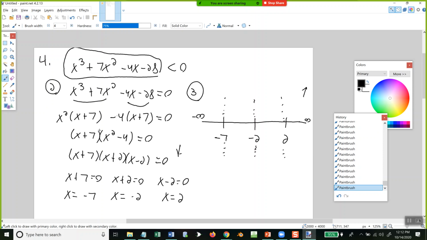And if I solve it and come up with this, each one of these gives me a single 0, which means it crosses. So I know my graph without even picking up the calculator is going to look like that, more or less.